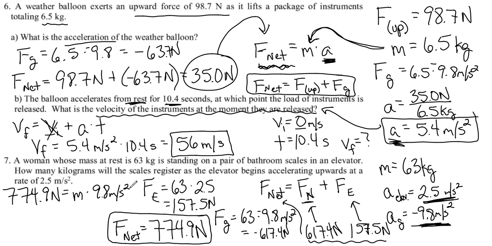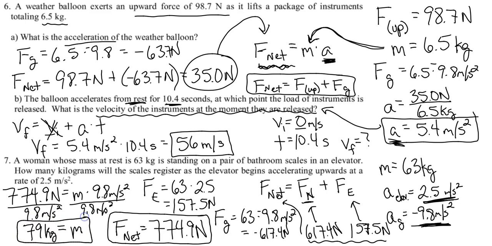So all it's doing is taking the force that's being applied to it and dividing it by 9.8 meters per second squared. So if we take 774.9 newtons and divide by 9.8 meters per second squared, we get a mass of approximately 79 kilograms. So it added an additional 16 kilograms of mass to the woman because of that additional acceleration.